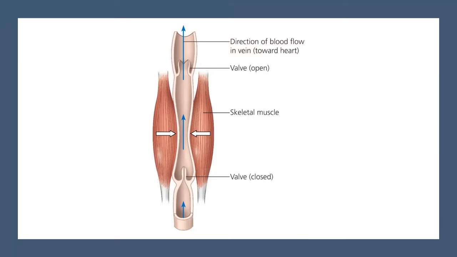Okay, having said this, I did tell you something about the veins, and I'm going to expand on that right now. Because the veins, remember I told you they have a wider lumen. Lumen is the space where blood travels. Okay, this is, for example, your leg.